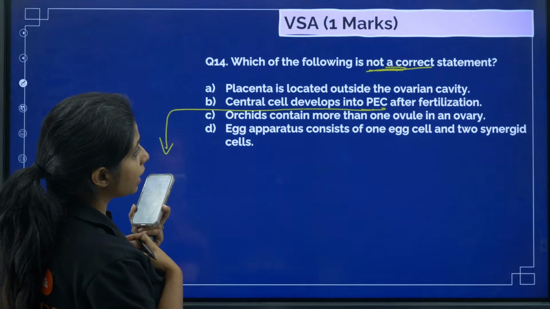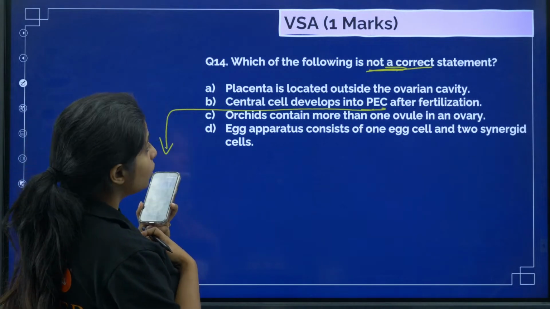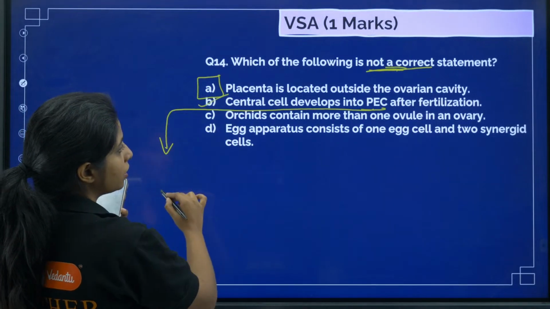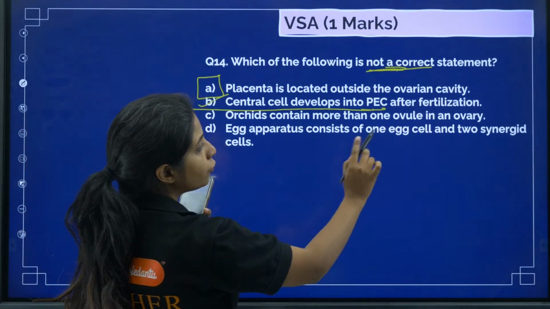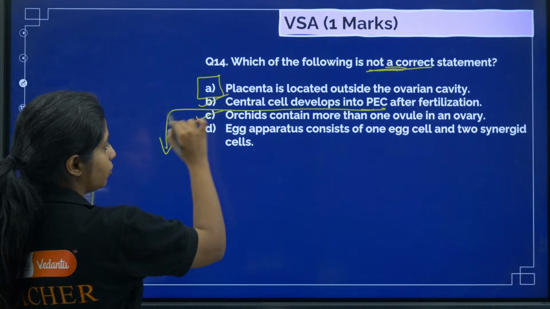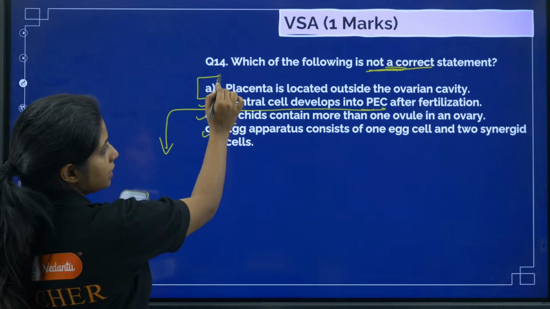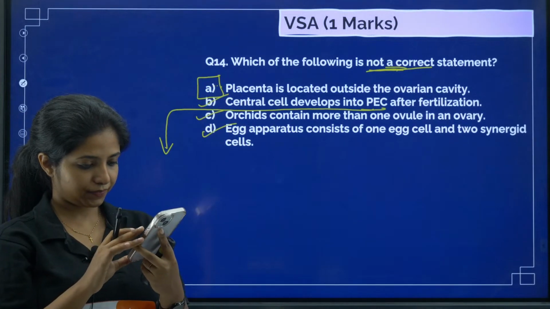Placenta is located outside the ovarian cavity is the one that is not correct. This is correct: orchid maintains more than 1 ovule in an ovary. Yes, it has multiple ovules. Egg apparatus consists of 1 egg cell and 2 inner cells. This is also correct. So, this is the wrong statement.